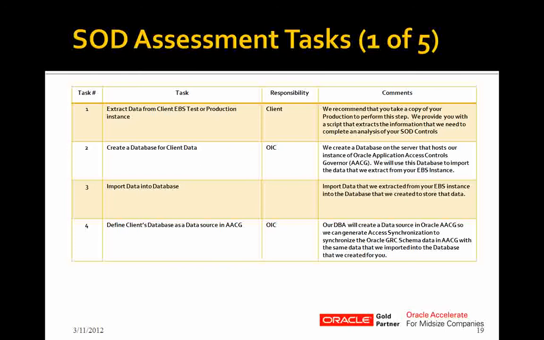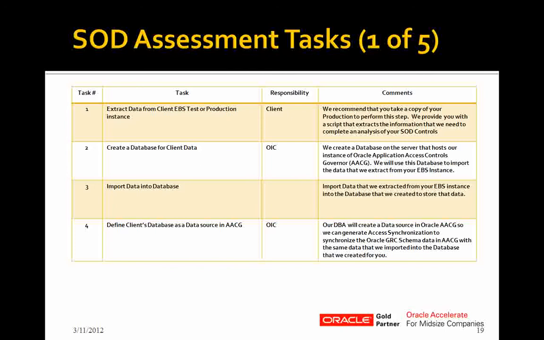And again, this is just another way of looking at what we did. These are the tasks that we do during the assessment process, the extraction of the data that we need. Your DBA will do that, and again, we recommend that you take a copy of your production instance to do this step. Next, we create a database for you. Our DBA does that.